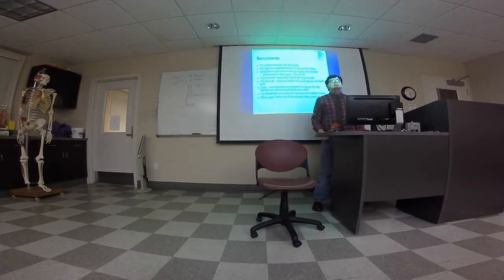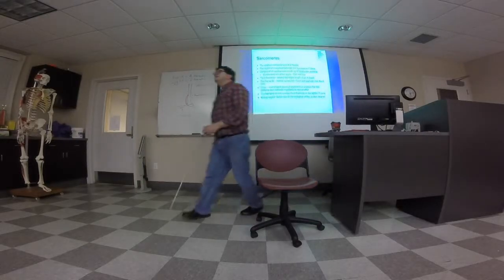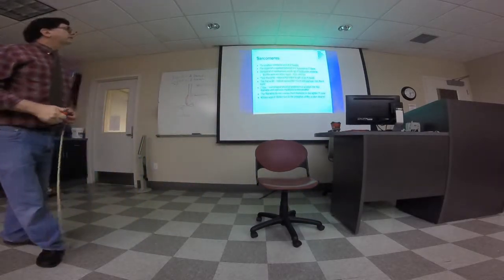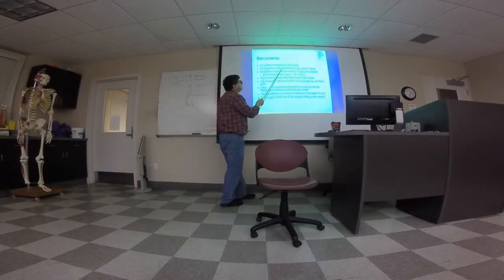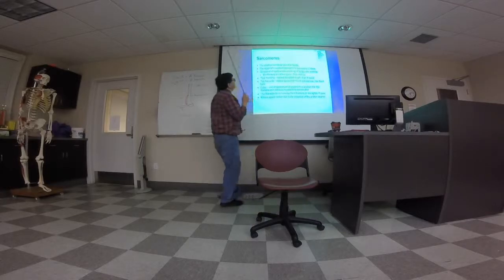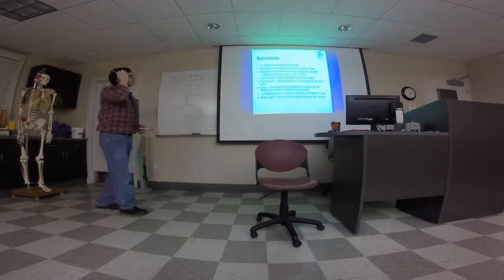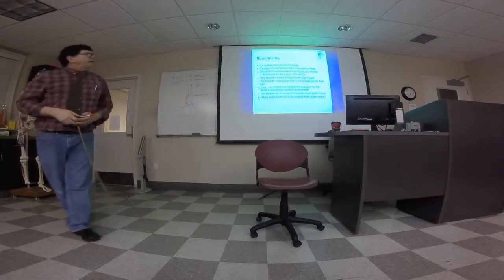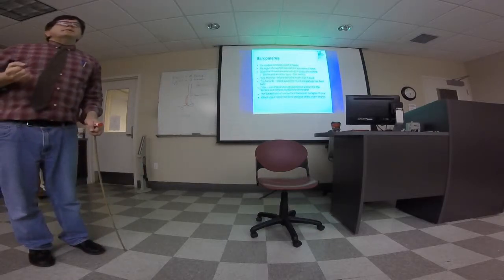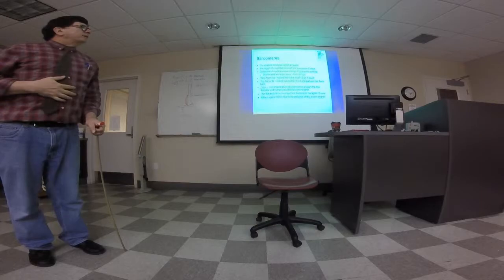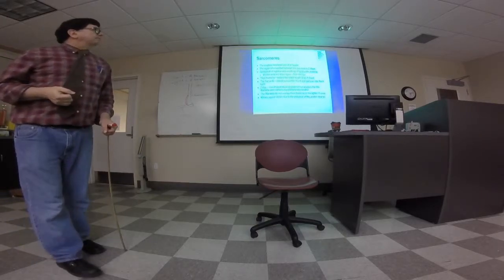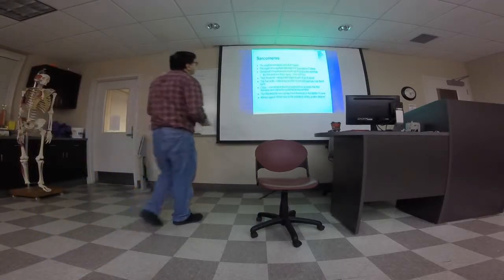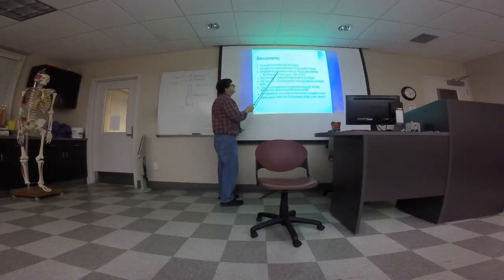Oh, and lo and behold, look here. We have a slide that's dedicated to the sarcomere. It's the smallest contractile unit of a muscle. It's the region of a myofibril between two successive Z-discs. And that sarcomere is going to be made up of myofilaments that are formed of contractile proteins. You have two different types of myofilaments that make up sarcomeres.